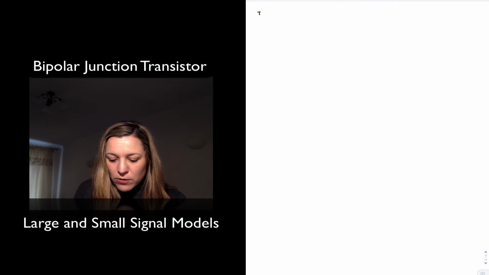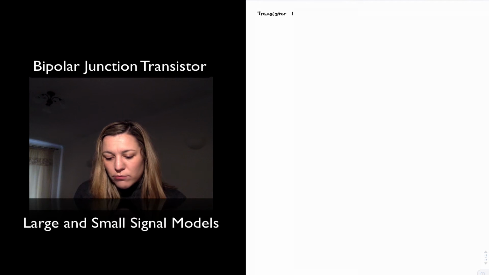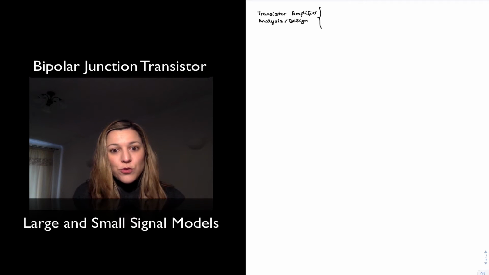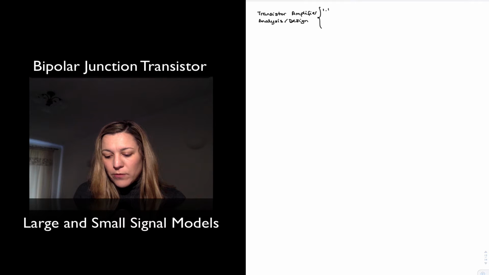So when we talk about transistor amplifier analysis or design, the first thing we're going to do is carry out the DC portion of our analysis, also referred to as the large signal analysis.